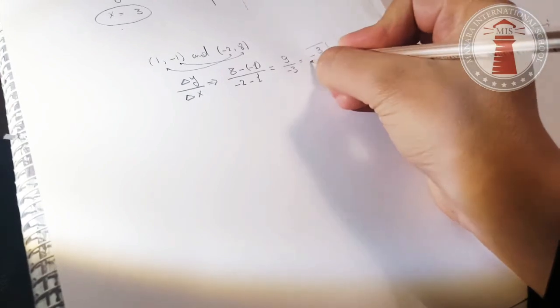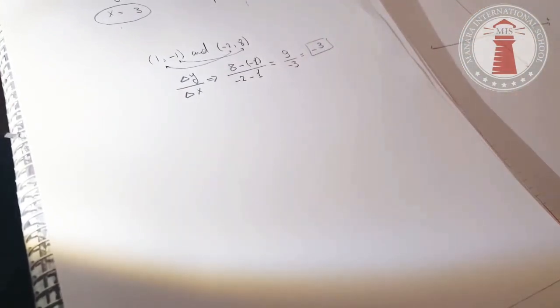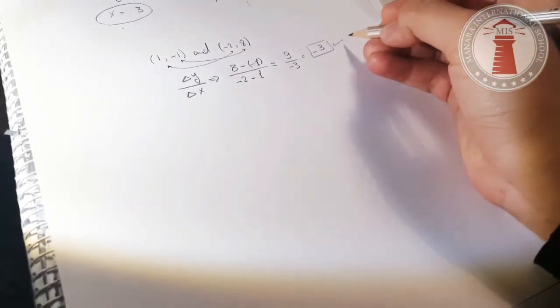Now this is the answer, which was the first option. We had three options in here. They were -3, -7/3, and -1/3. This is the correct answer.